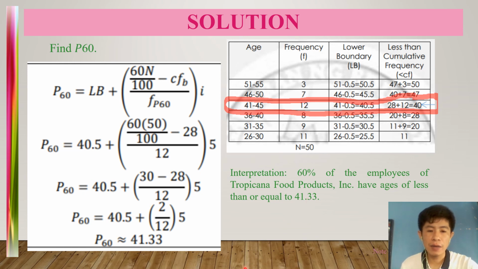And then, after finding the values, we need to interpret the results. It is very important to interpret the result, because in the first place, this is the reason why we solve the measure of position, to know its interpretation.